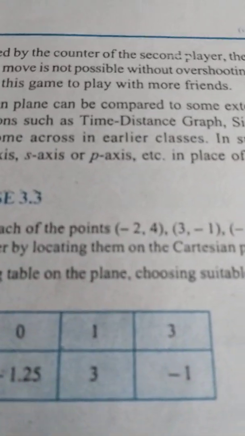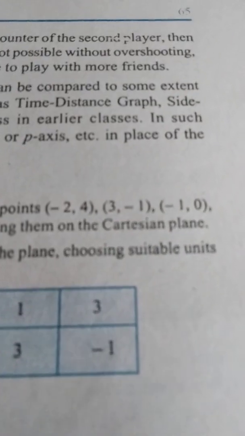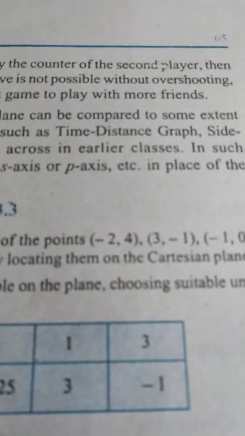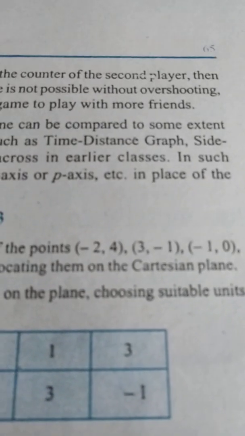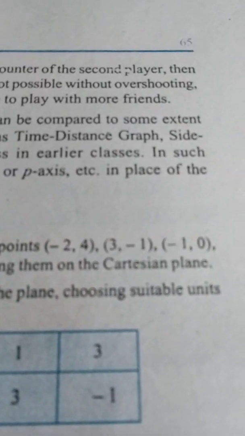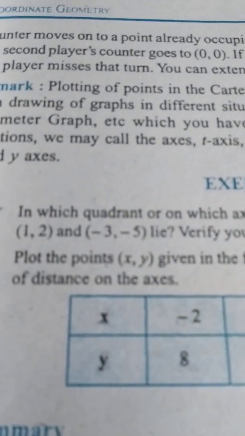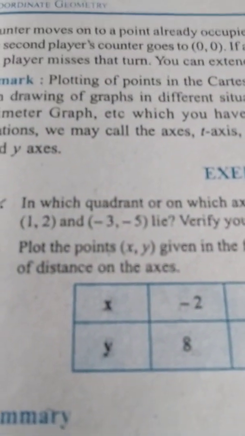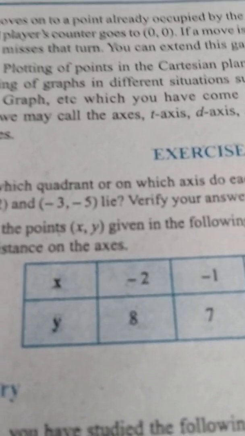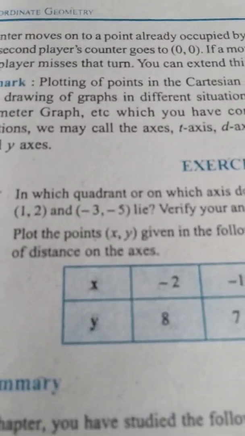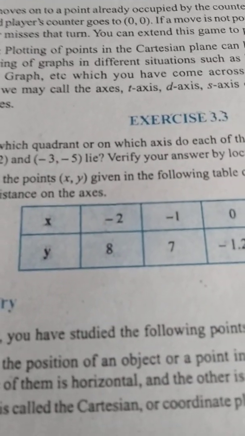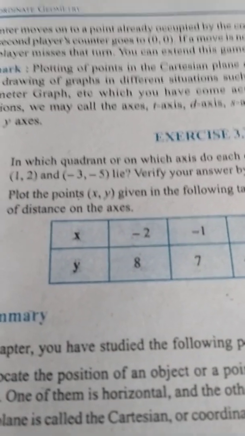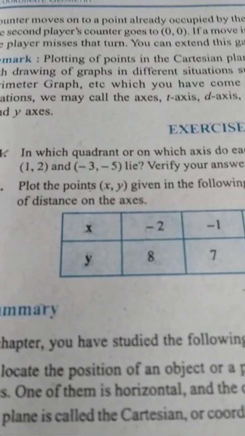So it lies in fourth quadrant. -1, 0. So now tell me. The point -1, 0 lies on the negative x-axis. 1, 2, both are positive, so it lies in the first quadrant. -3, -5, both are negative, so it lies in the third quadrant.